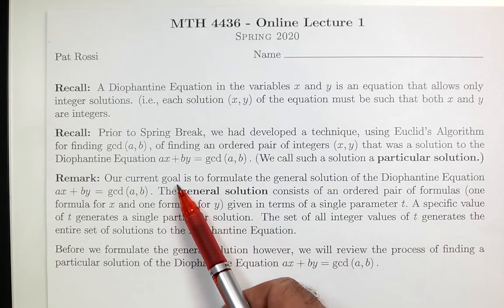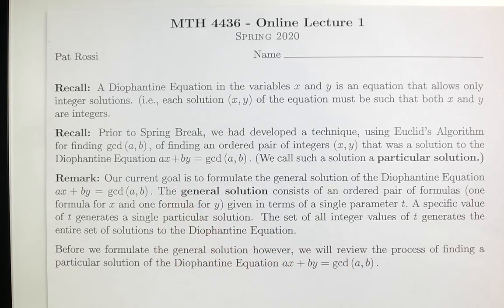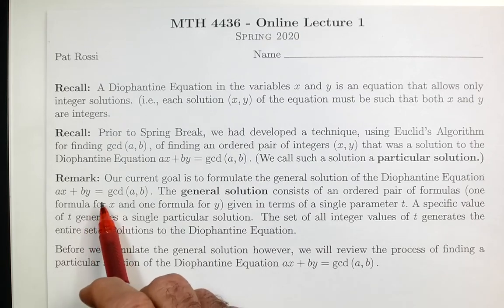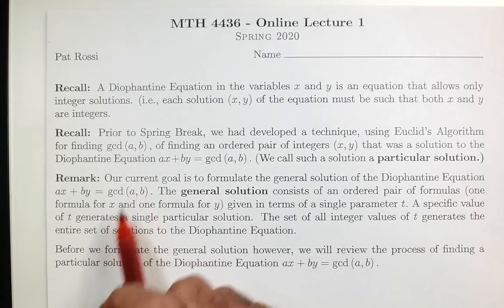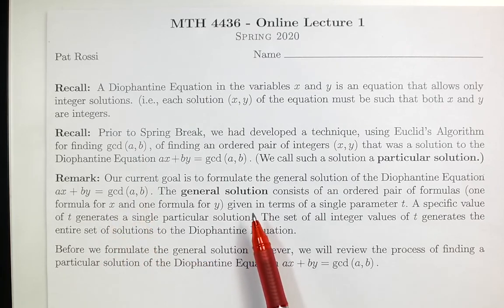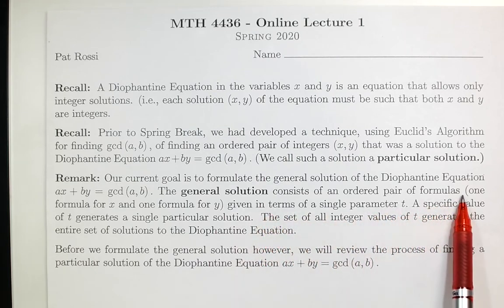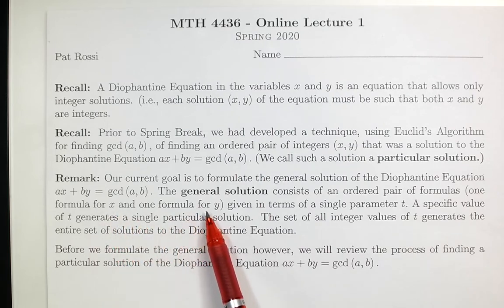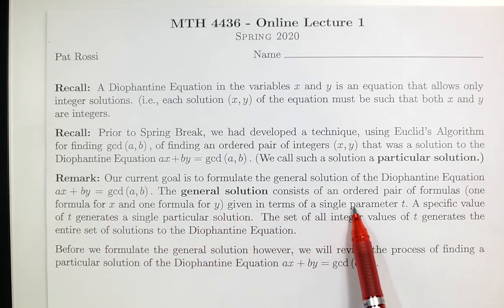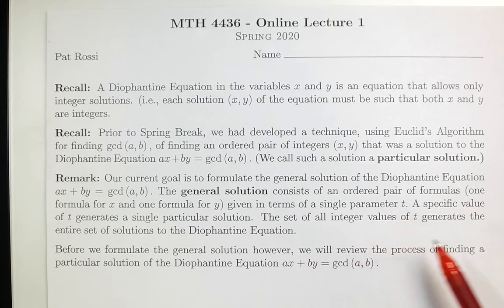Our current goal is to formulate the general solution of the Diophantine equation ax plus by equals the greatest common divisor of a and b. The general solution consists of an ordered pair of formulas, one formula for x and one formula for y, given in terms of a single parameter t.